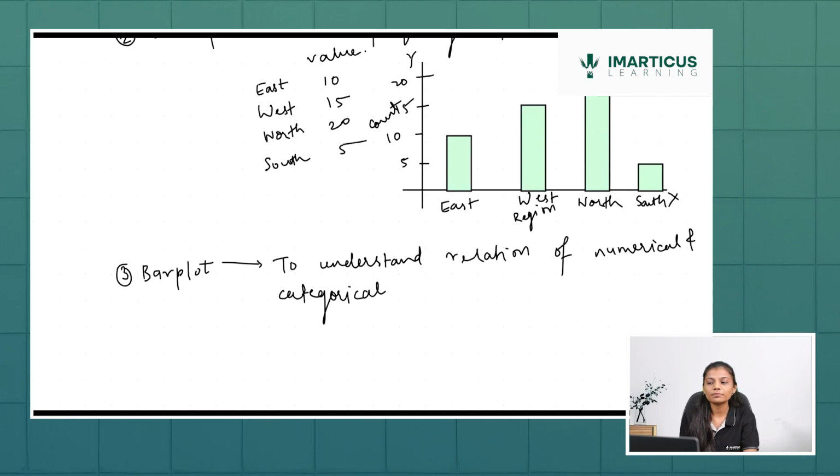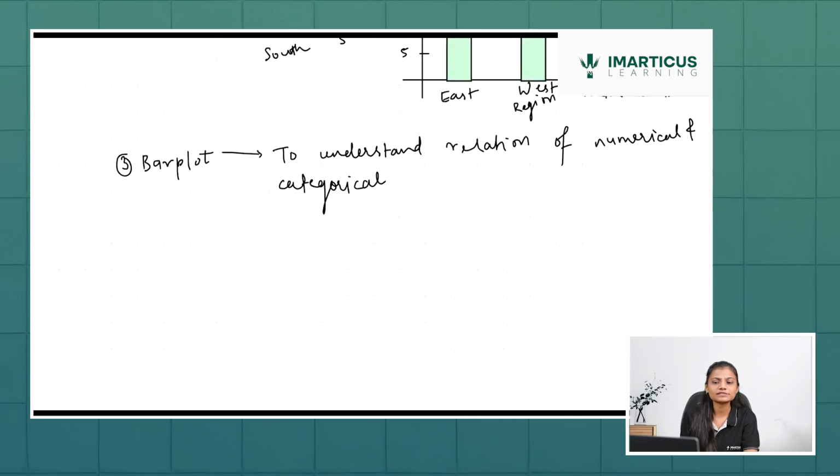But when I talk about bar plots, let's say for the example which we took, there was east, west, north, and south. So instead of taking their counts, I was taking their sales as an element. So when I was taking sales as an element, obviously east as a region was showing me 30,000, west as a region was showing me 45,000, north as a region was showing me 55,000, and south as a region was showing me 32,000. So this was the analysis which I built.